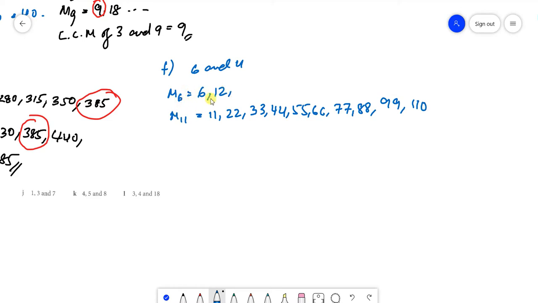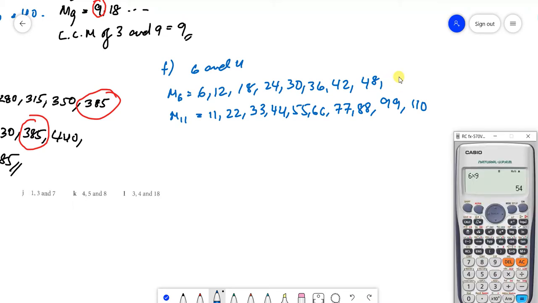Okay, so we'll just initially wrote this much. 6 threes are 18, 6 fours are 24, 6 5s are 30. What do we have? No, not yet. So 36, 42, 48, 54. 6 9s are 54.